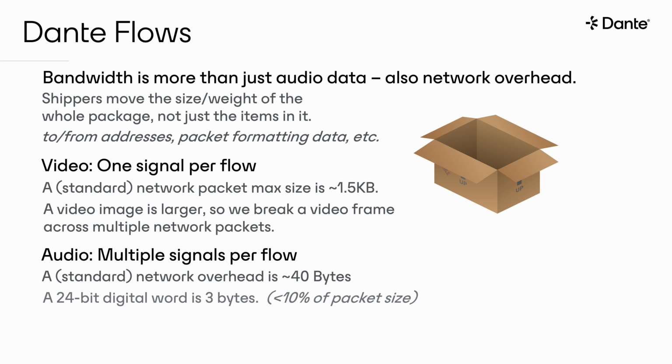If we only send one 24-bit digital word per packet, that's just 3 bytes of data compared to the 40-byte header plus timestamps. That means less than 10% of the bandwidth is being used to actually move audio, which is highly inefficient. So, how could we improve the efficiency in this example?